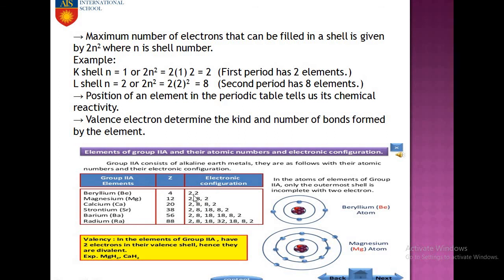To obtain a stable octet configuration, they will donate 2 electrons. So what will be its valency? Be2 plus, magnesium Mg2 plus, calcium Ca2 plus. They all have 2 electrons in their outermost shell. So which group do they belong to? Group 2, and this group is referred to as the alkaline earth metals.